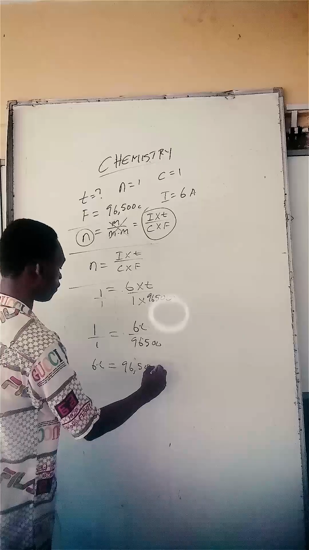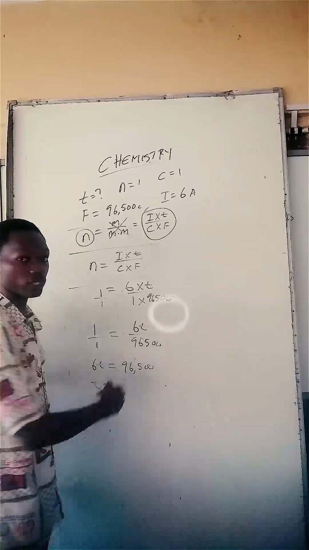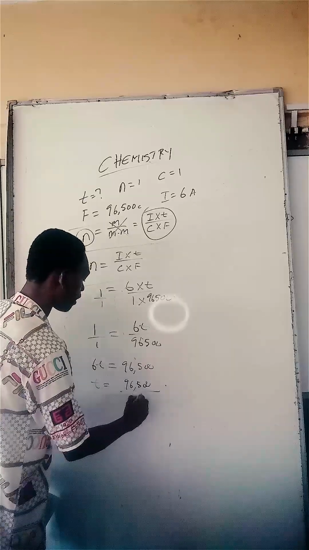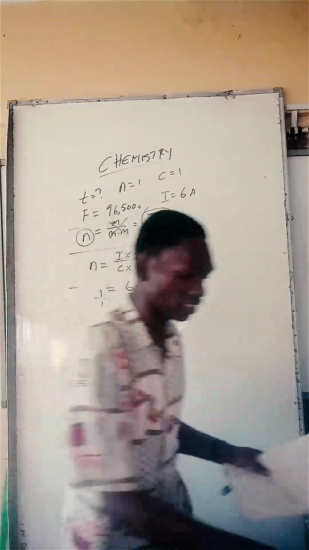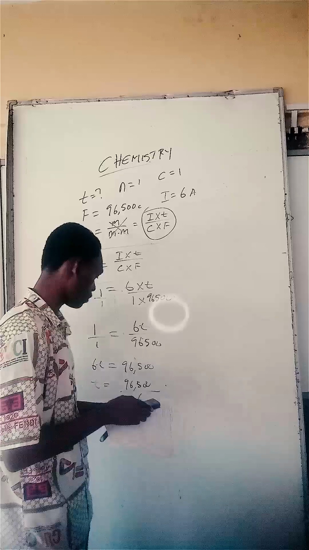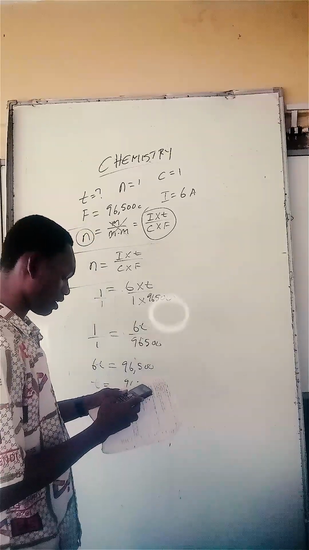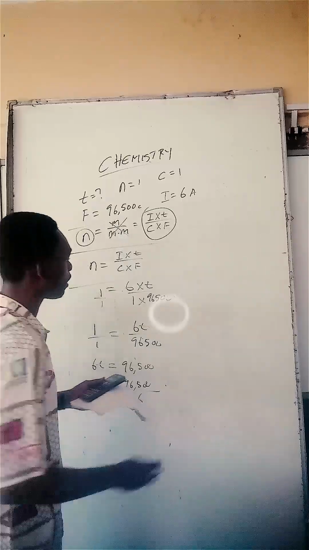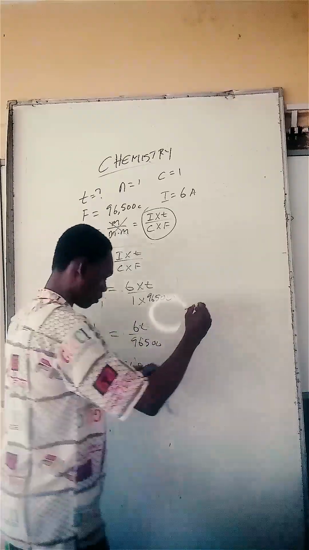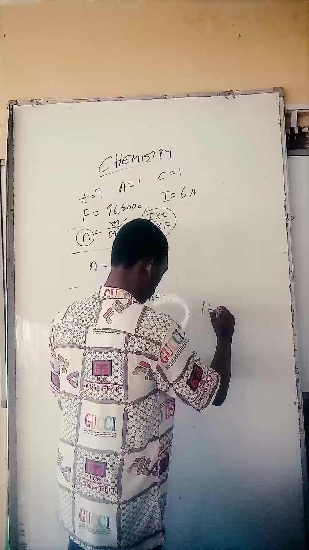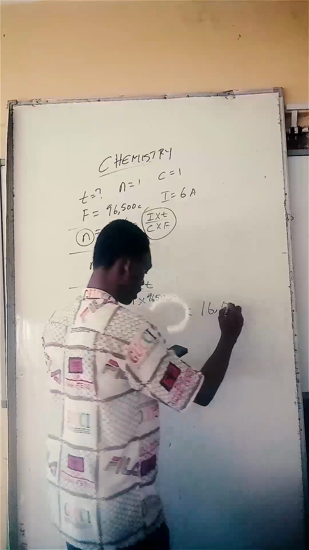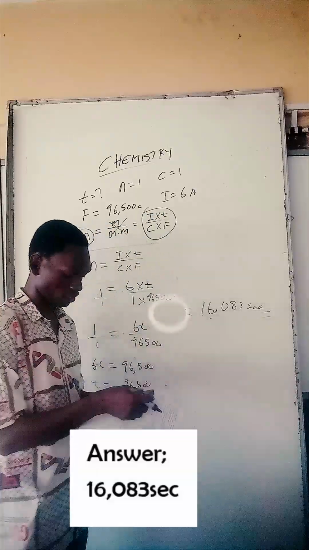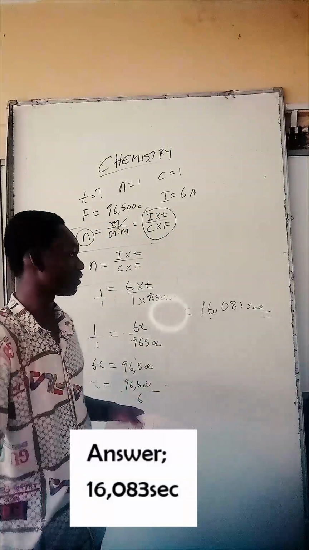So at the end of the day, our T is going to be 96,500 divided by 6. 96,500 divided by 6 gives us our time there. Our whole answer will be equal to 16,083 seconds. Alright, so that's the answer.